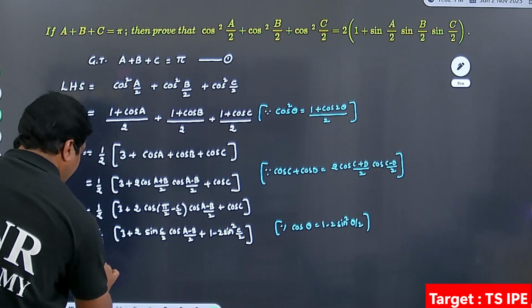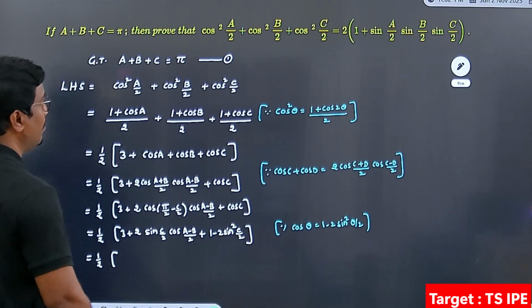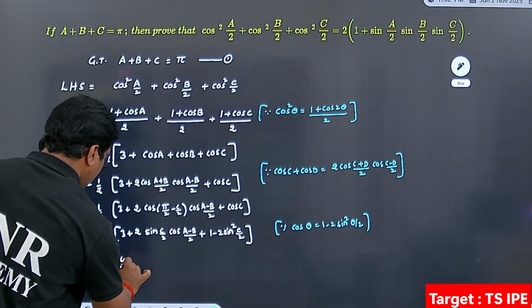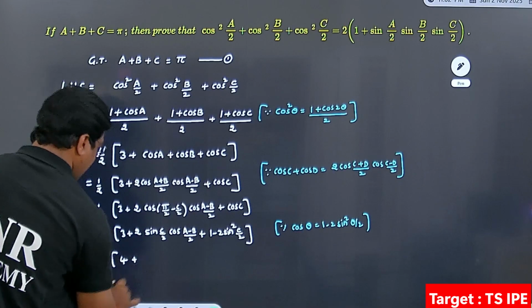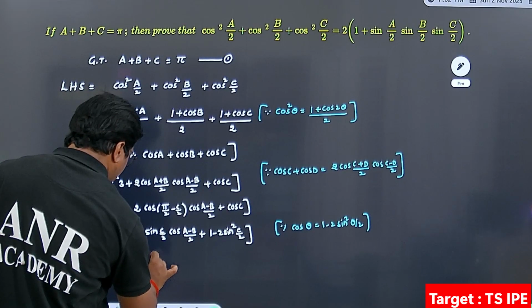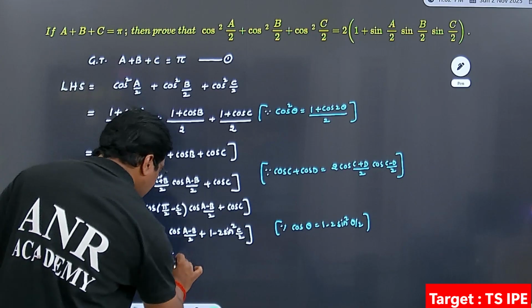And observe here, 3 plus 1, that is 4. Next plus, from these two terms if you take common 2 sin C by 2, then what happens?